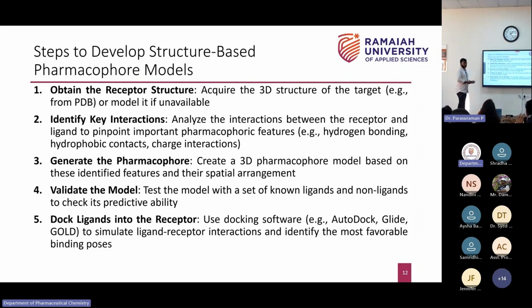Next, generate the pharmacophore: create a 3D pharmacophore model based on the identified features. Next, validate the model. Test the model with a set of known ligands and non-ligands, validating by using ADMET studies or molecular docking studies.